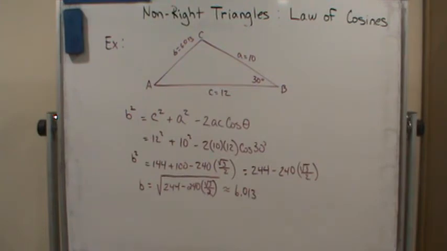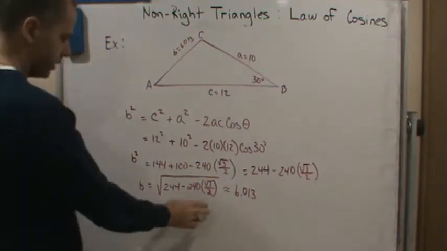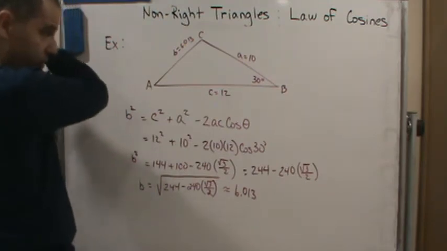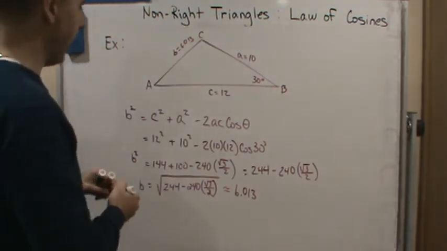Now that we've got the side, we can use the law of sines to complete the remaining angles of the triangle. Once we found this side, we can use the law of sines to figure out the rest.